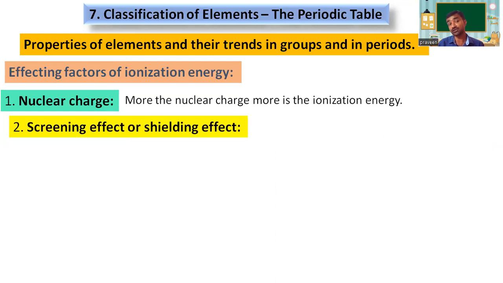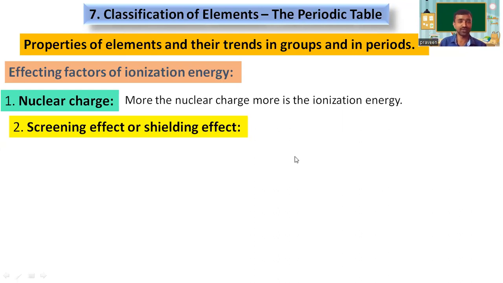What is the screening effect or shielding effect? The number of electrons present in the atom increases. As the atomic number increases, to distribute those electrons into the orbitals you require more shells: K shell, L shell, M shell, and so on.